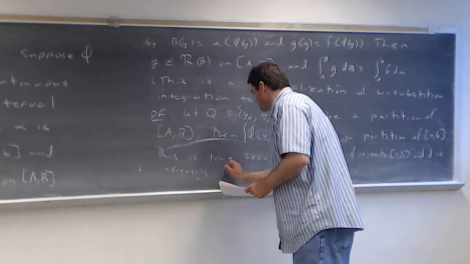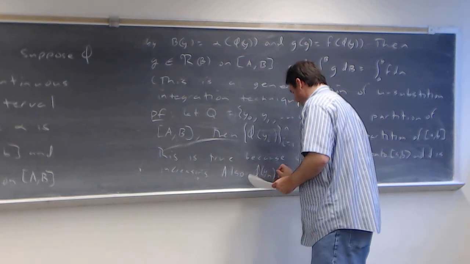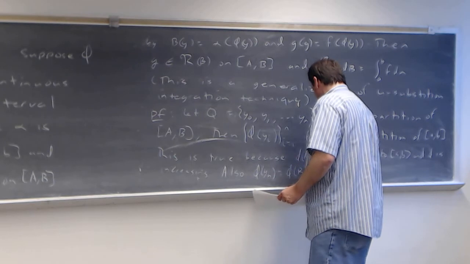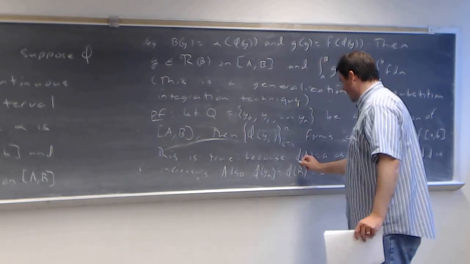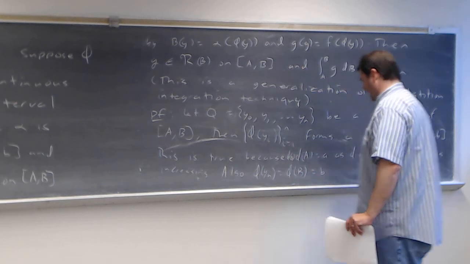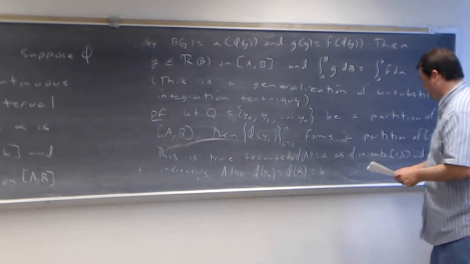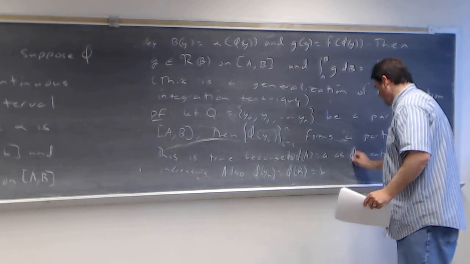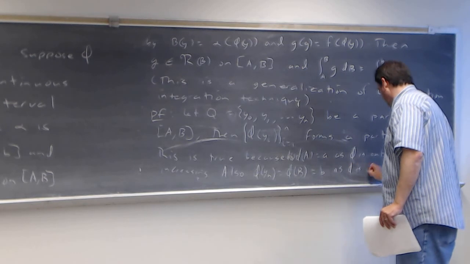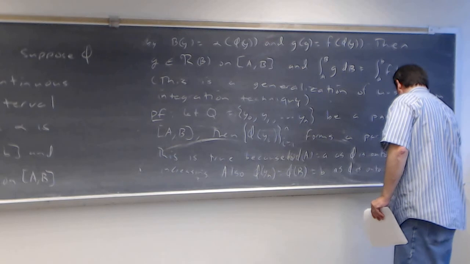Also, phi of y sub n, which really equals phi of big B, is going to be equal to little b. Remember, phi of big A is really the same thing as phi of y sub 0. Write that down, same thing. This last statement is true as phi is onto a to b and increasing.